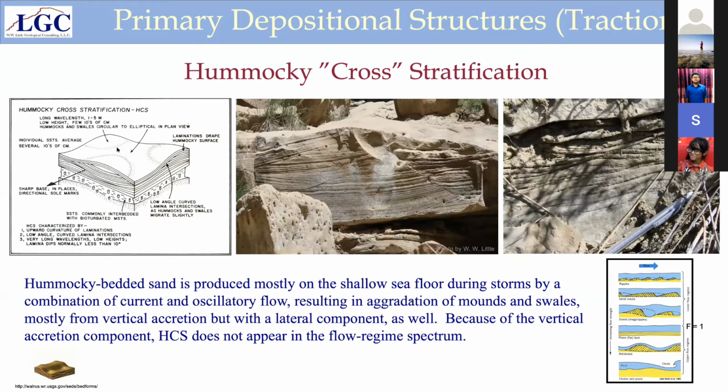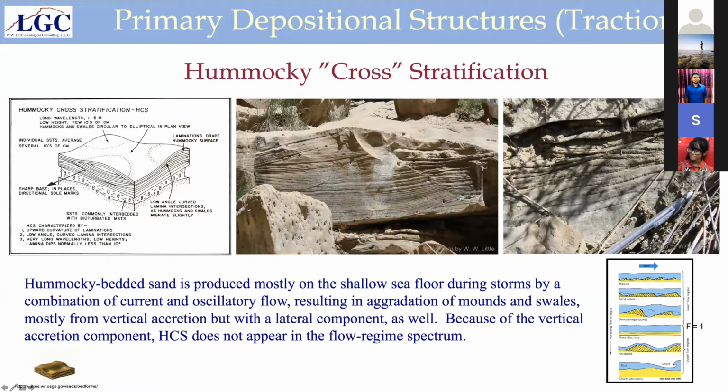And you'll see this referred to as hummocky stratification, or in this case, if you see the preservation mostly of the part that has the trough character, we'll call it swale stratification. They're both the same thing. It just depends on how much of the upper part of the structure was eroded which term we will use.